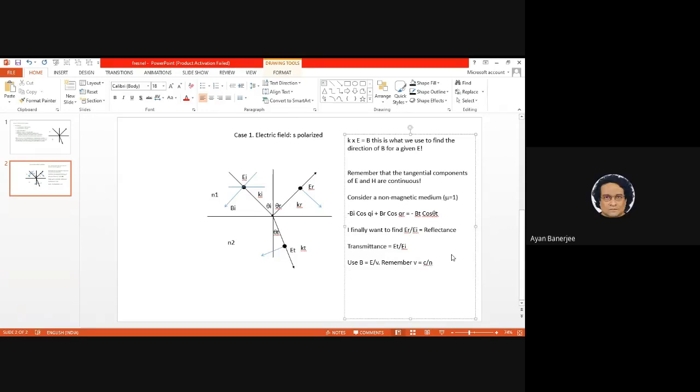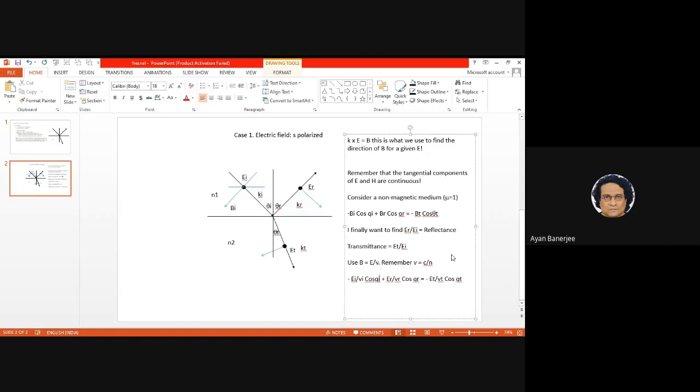So the moment I do that, what does this equation become? Minus EI by VI cos theta I plus ER by VR cos theta I and ET by VT cos theta T, right?